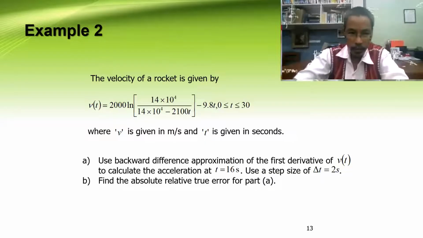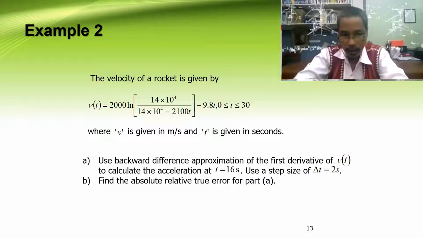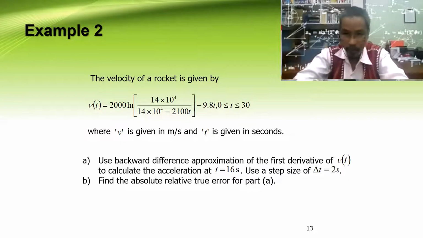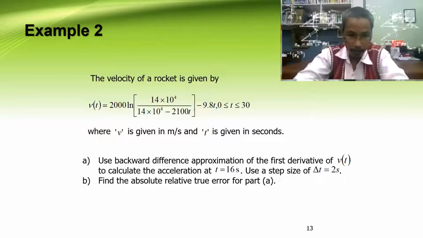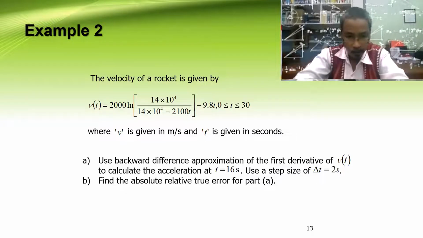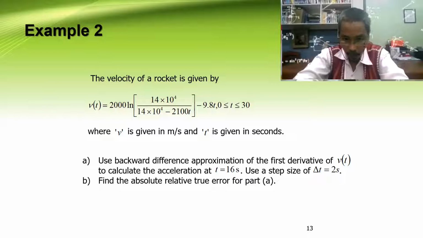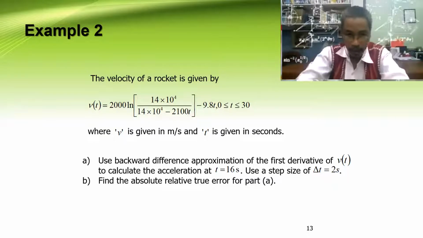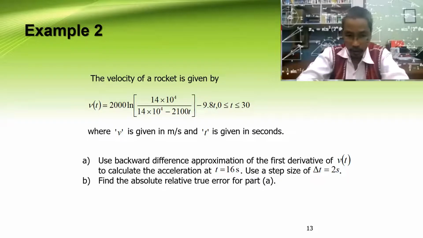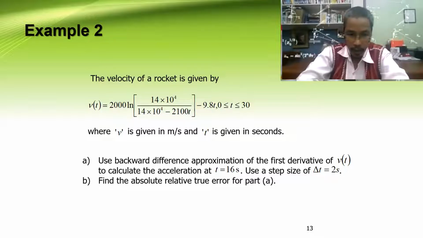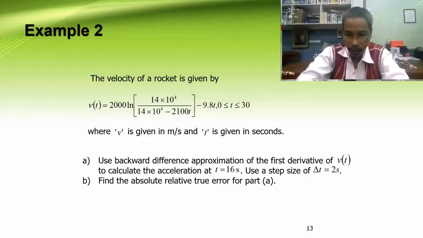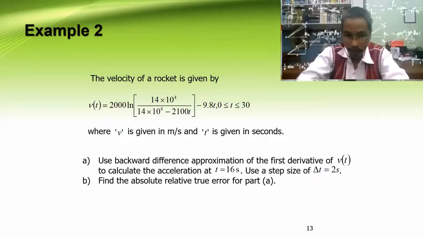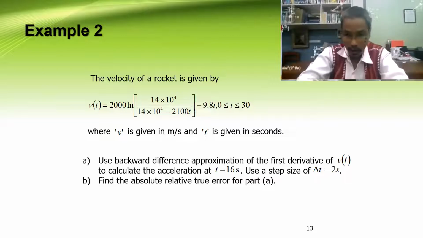Example 2. The velocity of a rocket is given by the same function as in the previous example, but now our questions are different. Letter A: use the backward difference method for the first derivative of the velocity function of t to calculate the acceleration at t equal to 16.